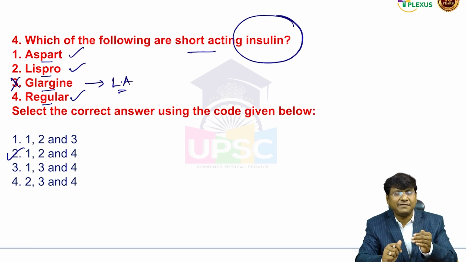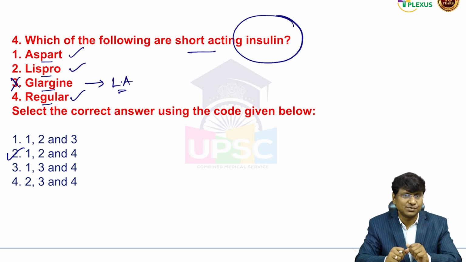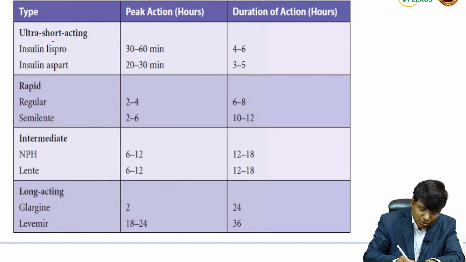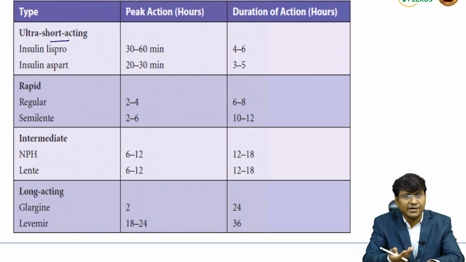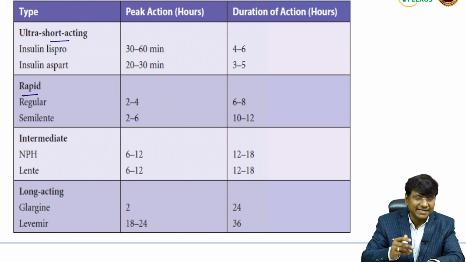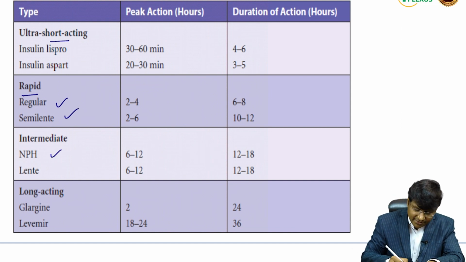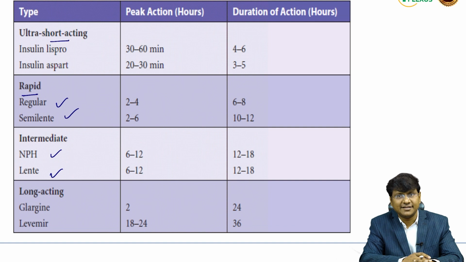The classification of insulin preparations is as follows. We have ultra short acting insulin, that is insulin Lispro and Aspart. Next, rapid acting insulin, that is regular and semilente. Intermediate acting insulin, that is NPH and lente.